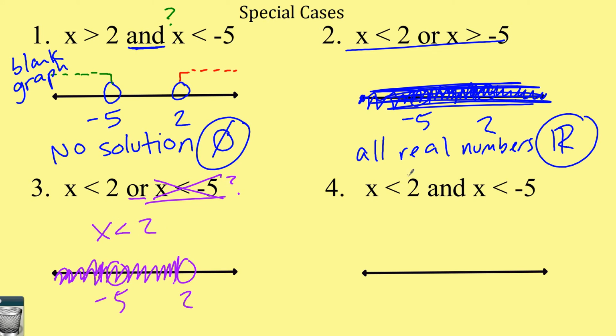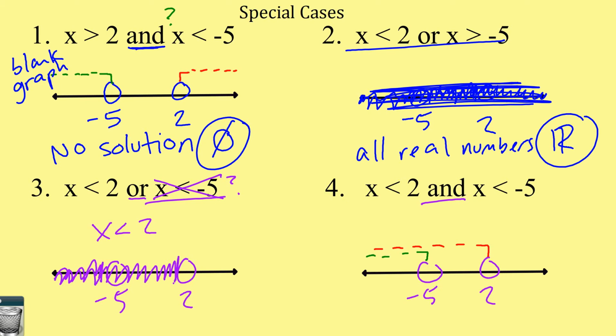Okay? Number 4. -5, 2. So we're going to do an and statement, so we need to shade what they have in common. So less than 2 is to the left of 2, and less than -5, so left of -5.